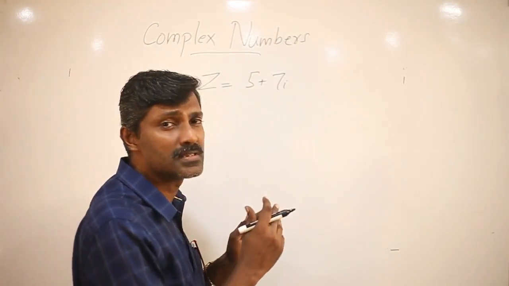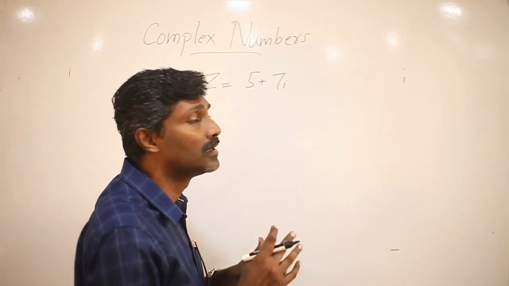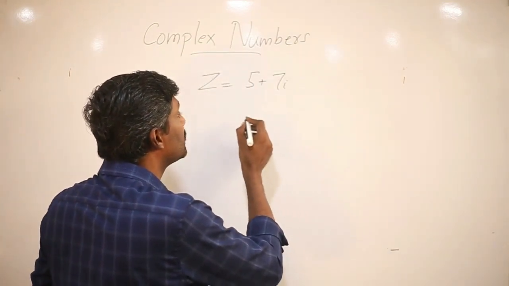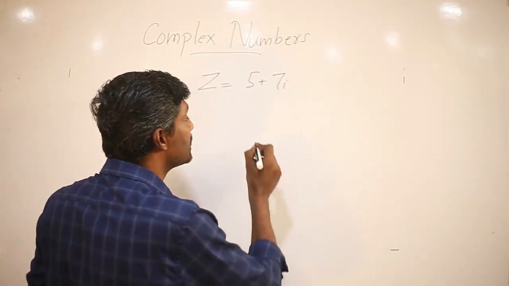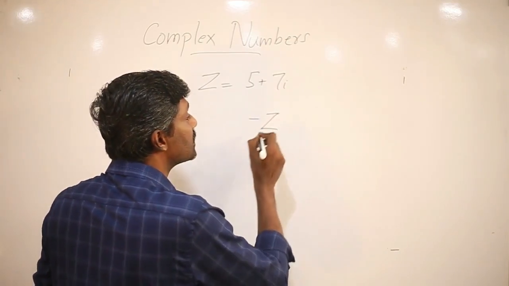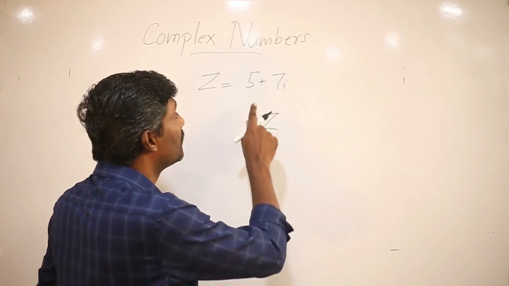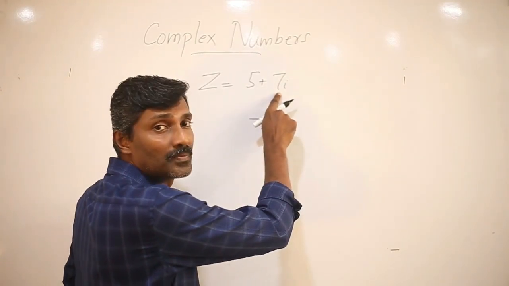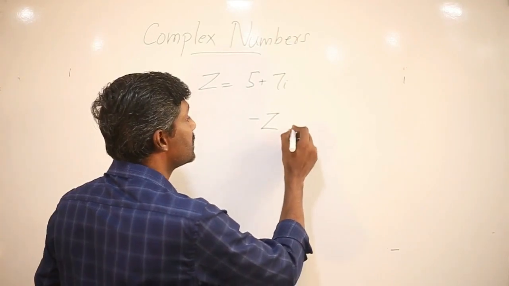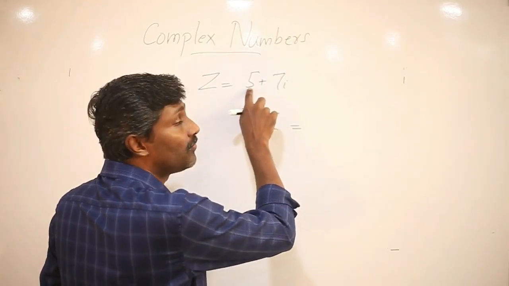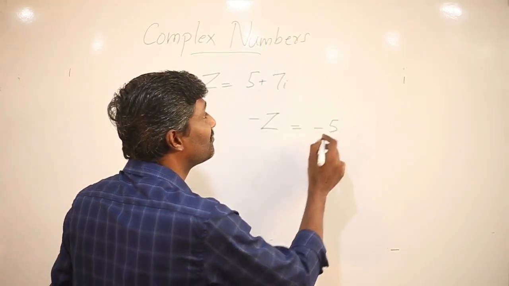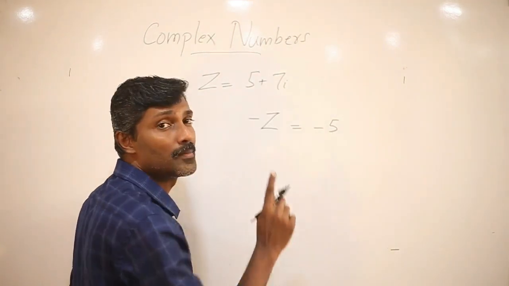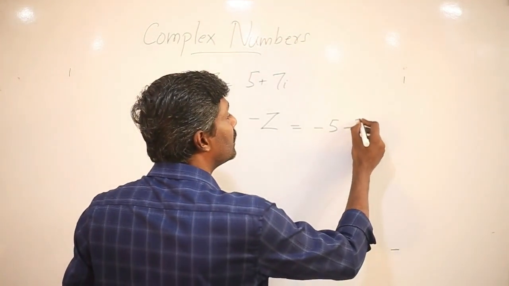So just change the signs of these and you will get the answer. We know that the additive inverse of z is nothing but minus of z. So putting minus to each of these terms, we get minus z. That is, 5 becomes minus 5, plus 7i becomes minus 7i.